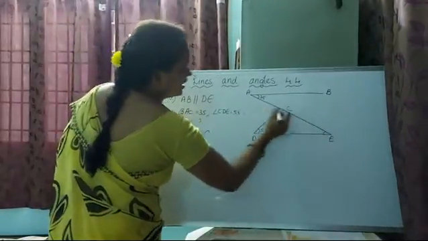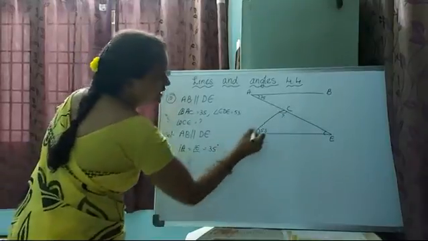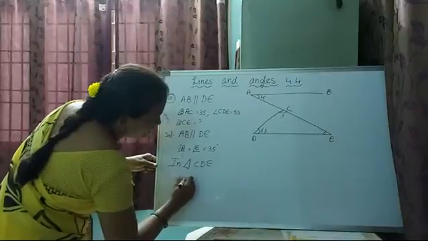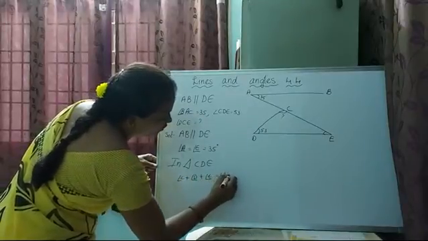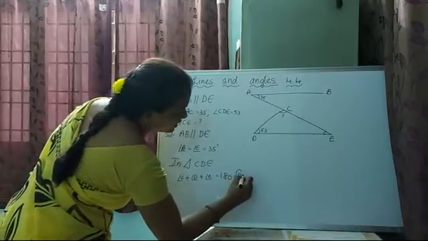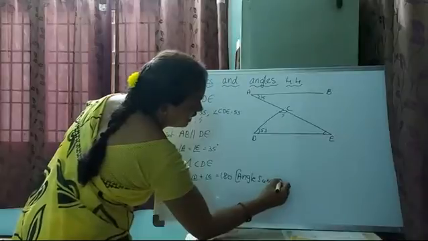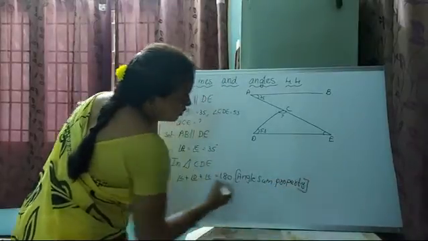In triangle CDE, angle C plus angle D plus angle E is equal to 180 degrees, that is the angle sum property.